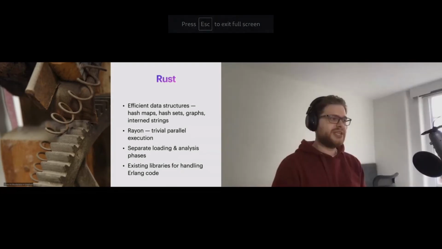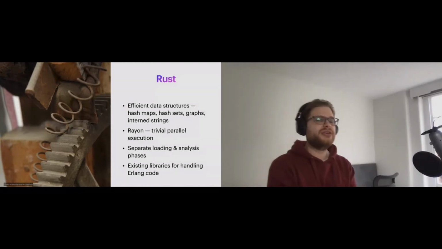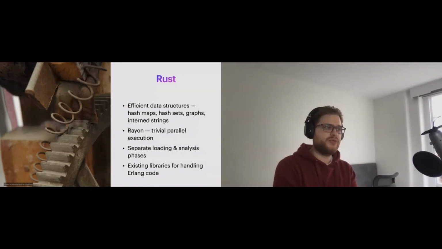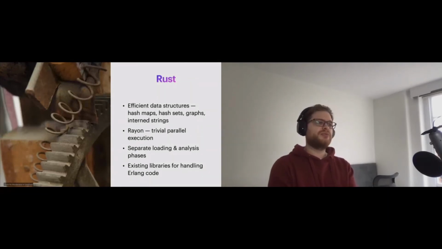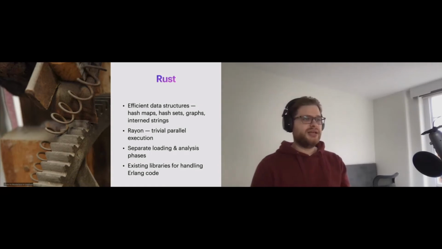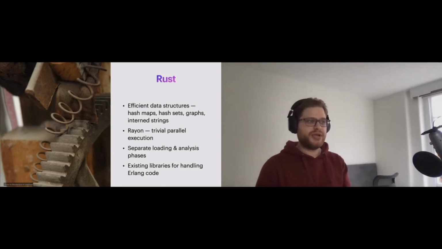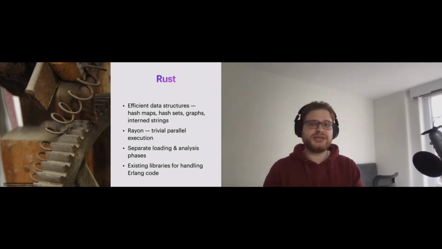So yes, as I was saying, another useful part of doing things in Rust is that we're able to separate the phase where we load the data into our application from the phase where we analyze it. In the loading phase, we need more complex data structures, and potentially some locks and mutexes to handle concurrent access to data structures.